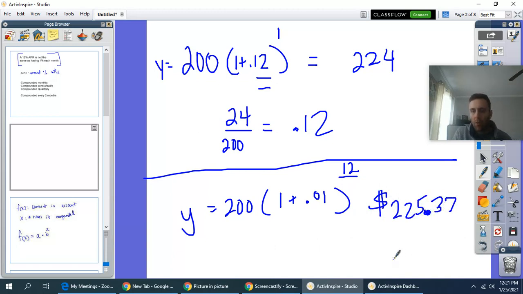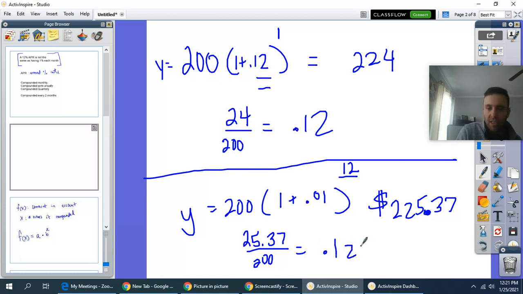What you're going to notice is that the extra money, $25.37, divided by the original 200, gives you 0.12, almost 7.